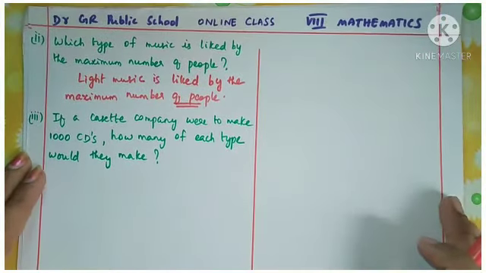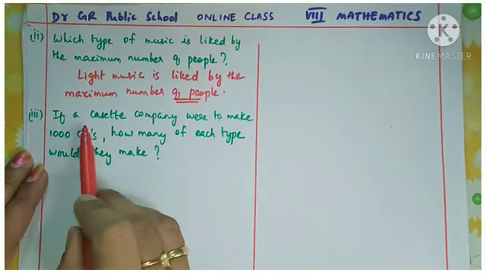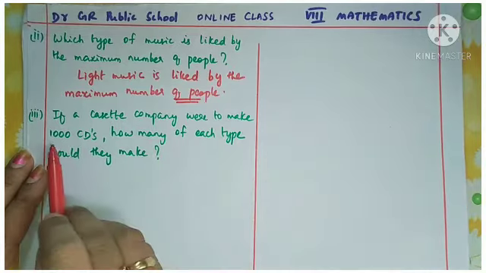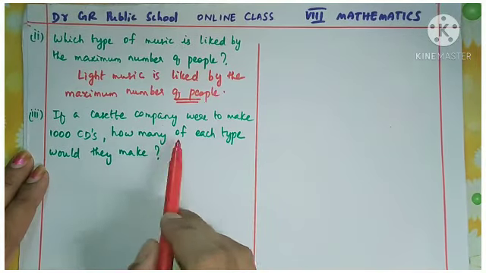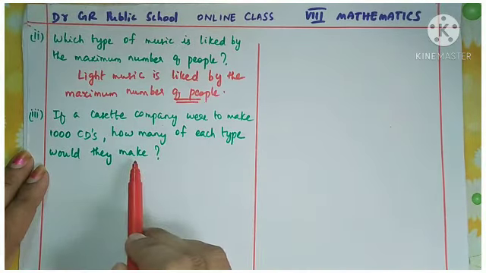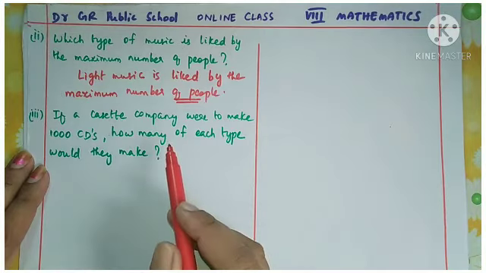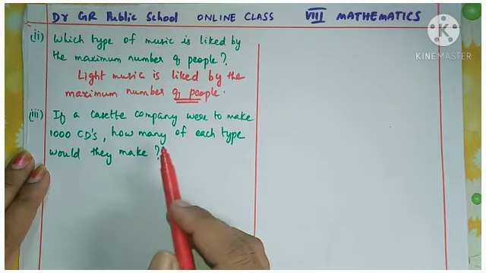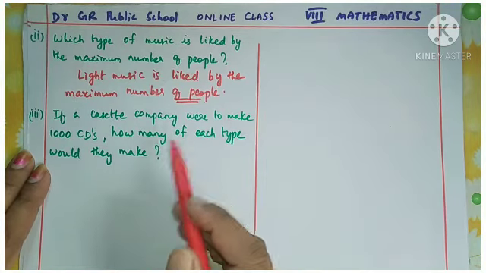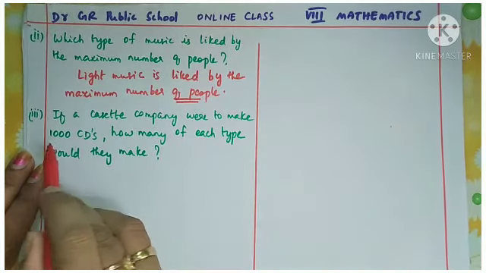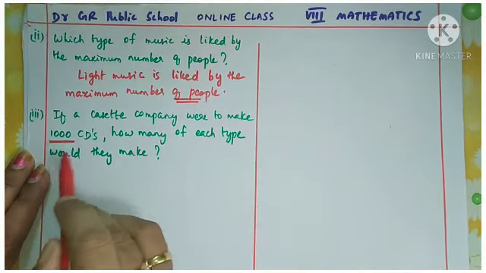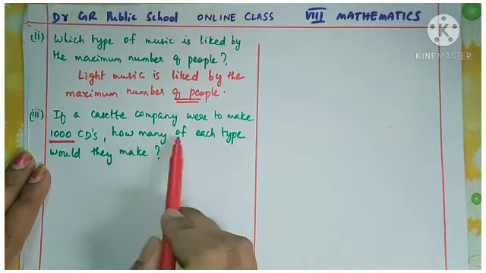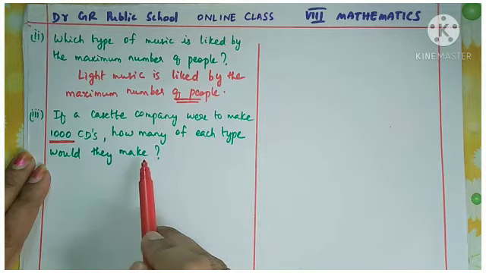Now the third question. What is the third question? If a cassette company were to make 1000 CDs, how many of each type would they make? A cassette company is going to produce musical CDs. How many CDs are they going to make? Total number 1000 CDs. We want to find out how many of each type they would make.